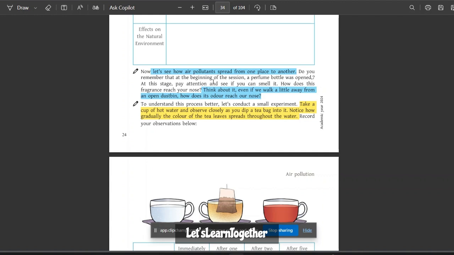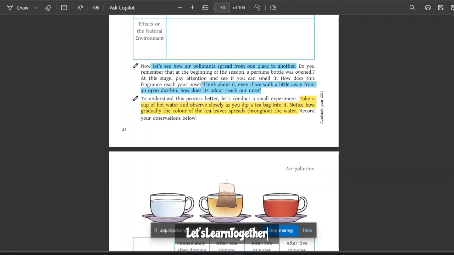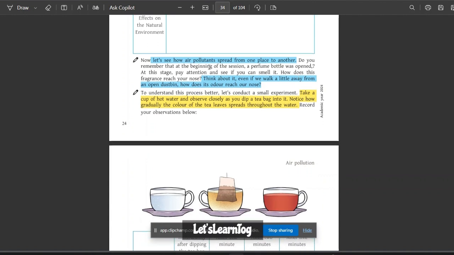So when particles from high density travel to another region that has a comparatively lower density, that is what we call diffusion. And this can happen in case of any sort of substance, be it solid, liquid, or gaseous. That's how the air particles spread from one place to another.